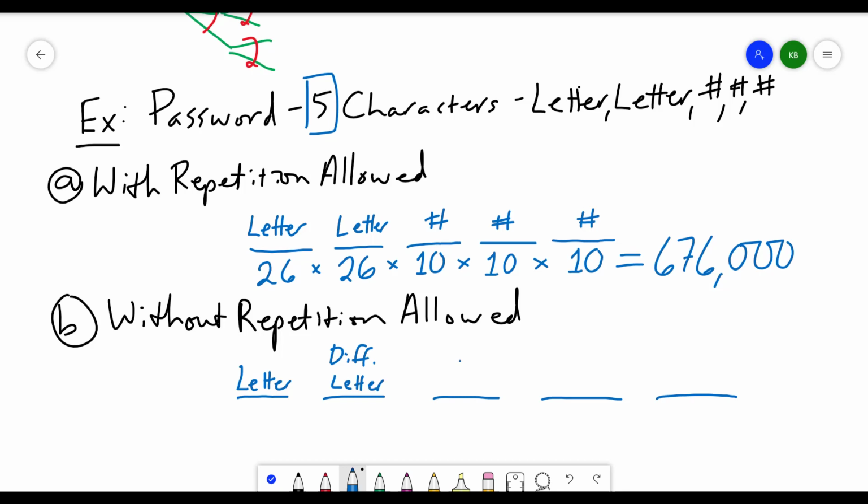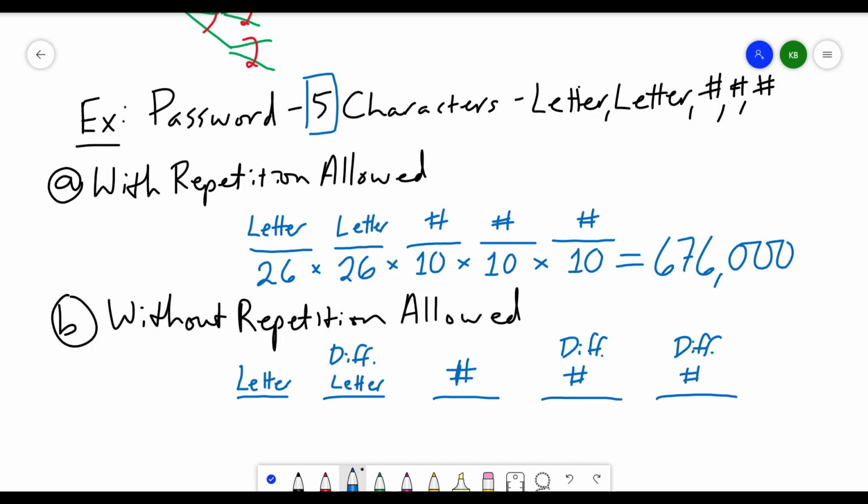My third one is going to be a number, which is guaranteed to be different than my letters. My fourth one will be a different number. And my fifth one will be yet another different number.